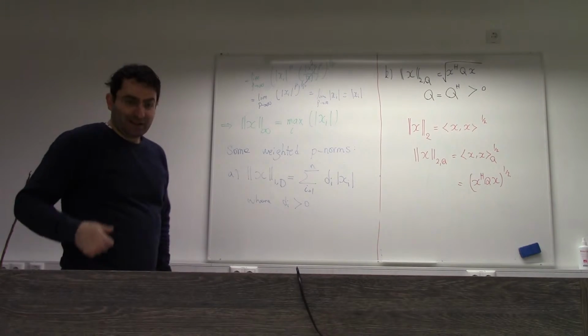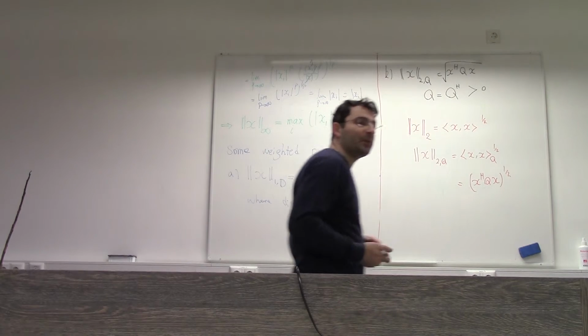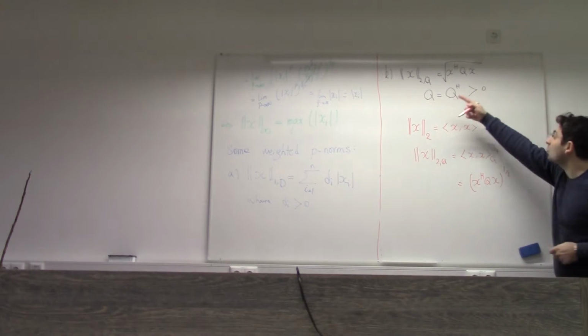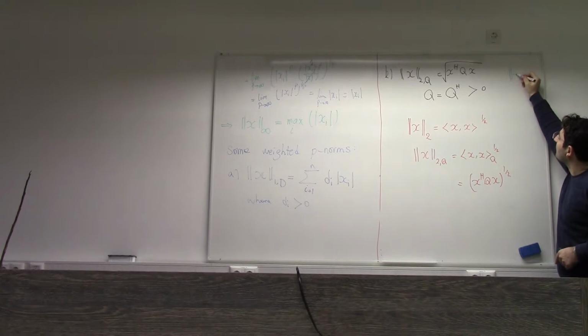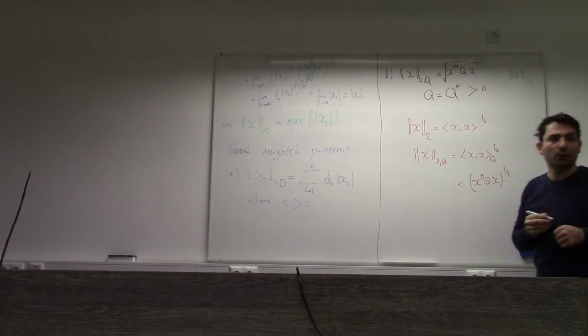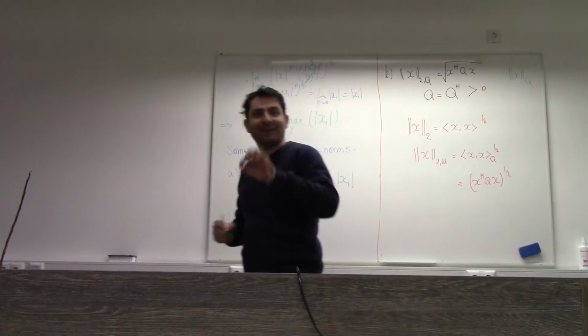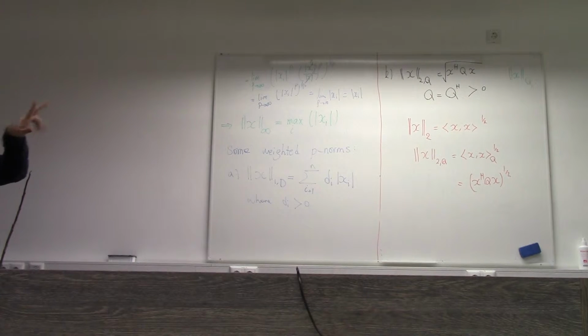Now, in many books, in many papers, you may see that norm 2 of Q is written as norm Q, because usually we do not write 2. Like norm 2, if we put the sign of norm, it means norm 2.